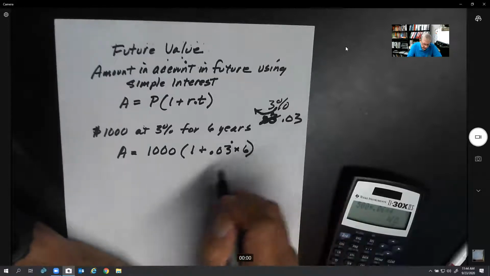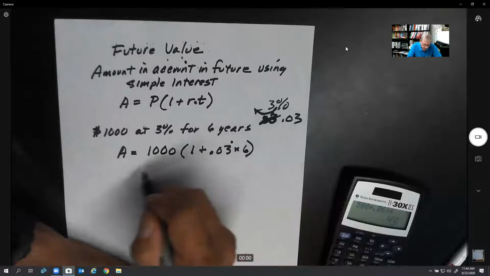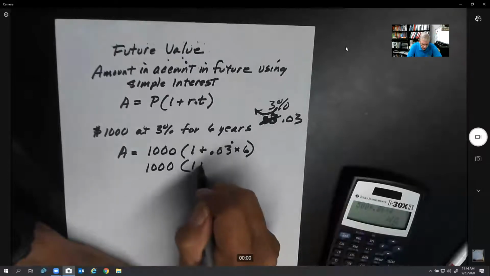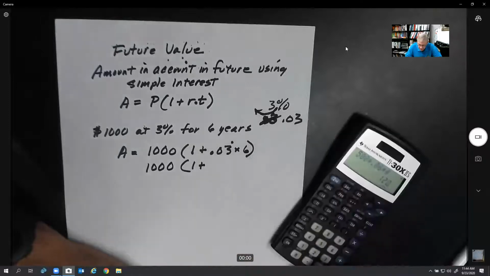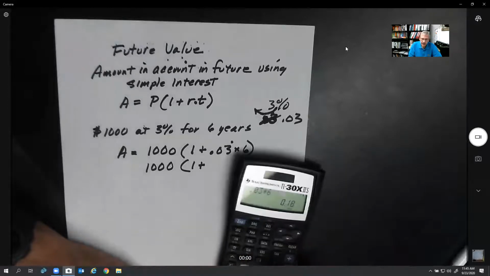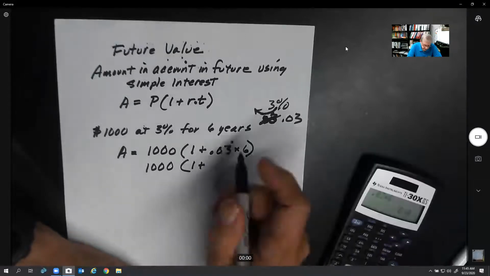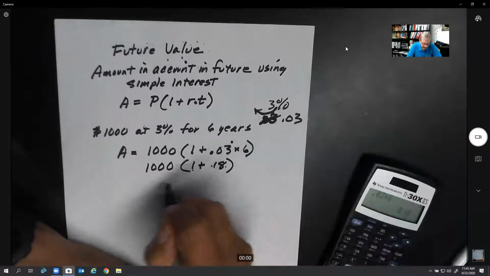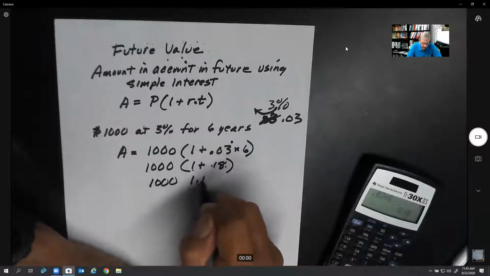I'm going to break this down step by step, and then I'll show you a quicker way. 1 plus 0.03 times 6: that came out to be 0.18. Now, 1 plus 0.18 is simply 1.18.